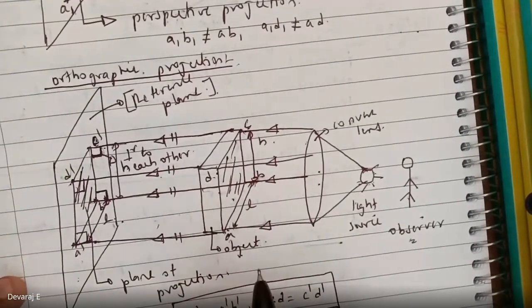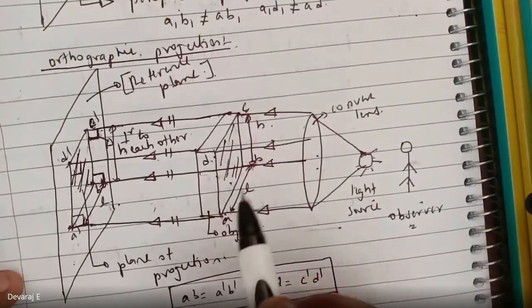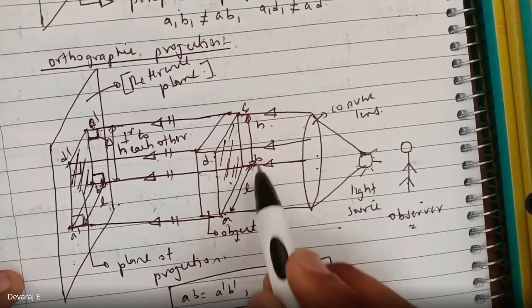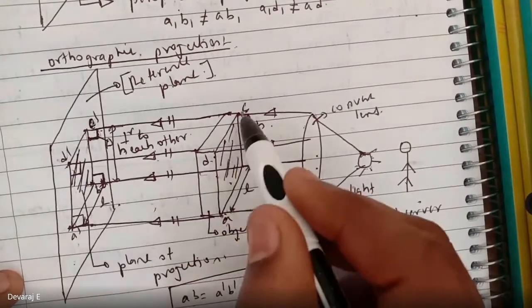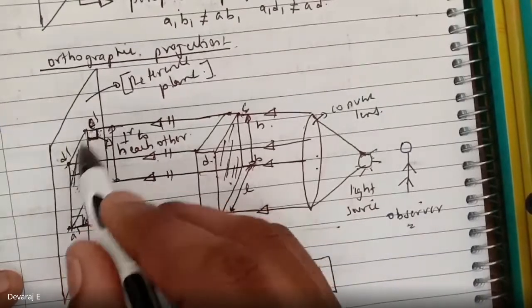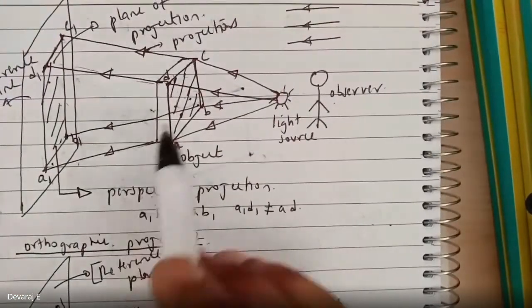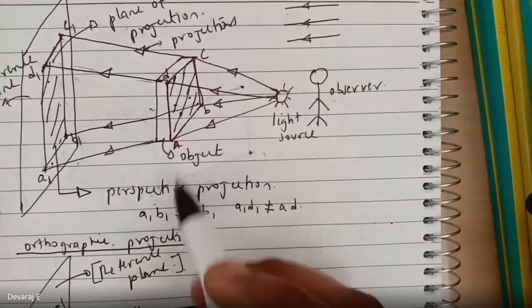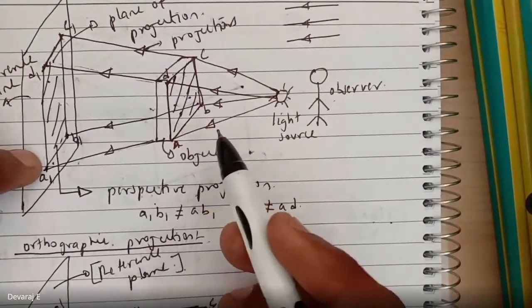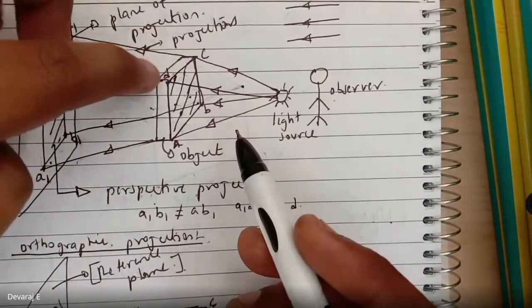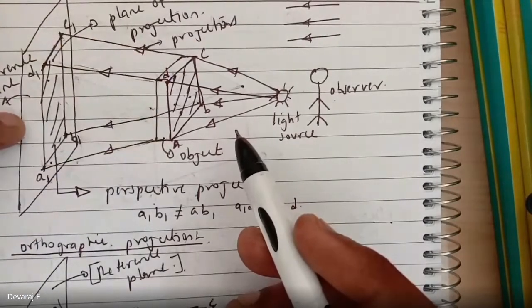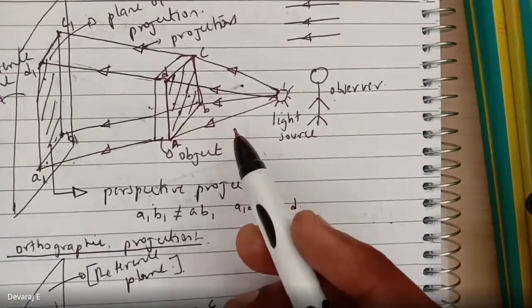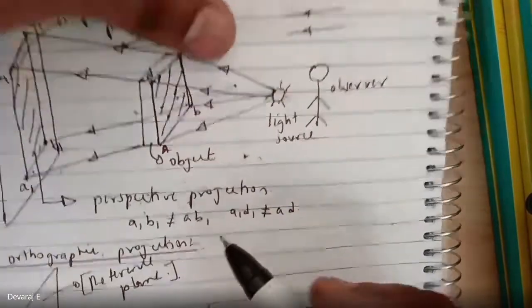AB equals A dash B dash, CD equals C dash D dash. But in perspective projection it always varies. Your AB will not be equal to A dash B dash, and CD or AD will not be equal to each other.